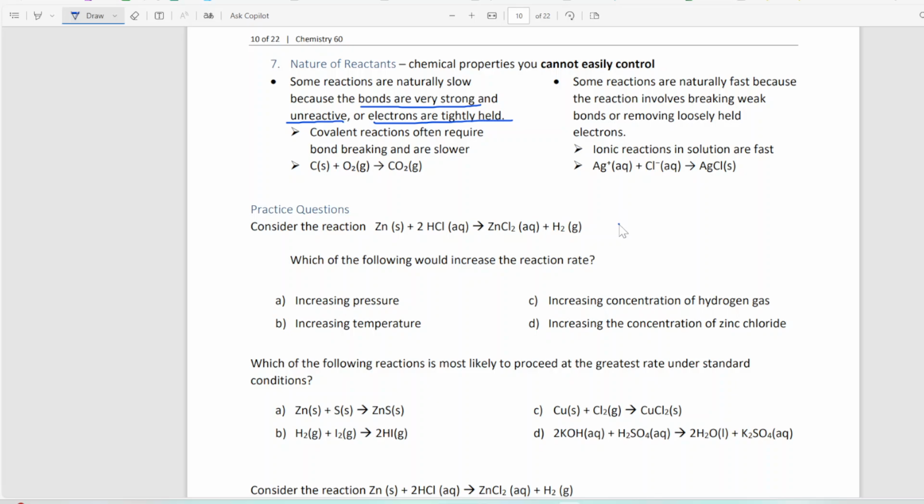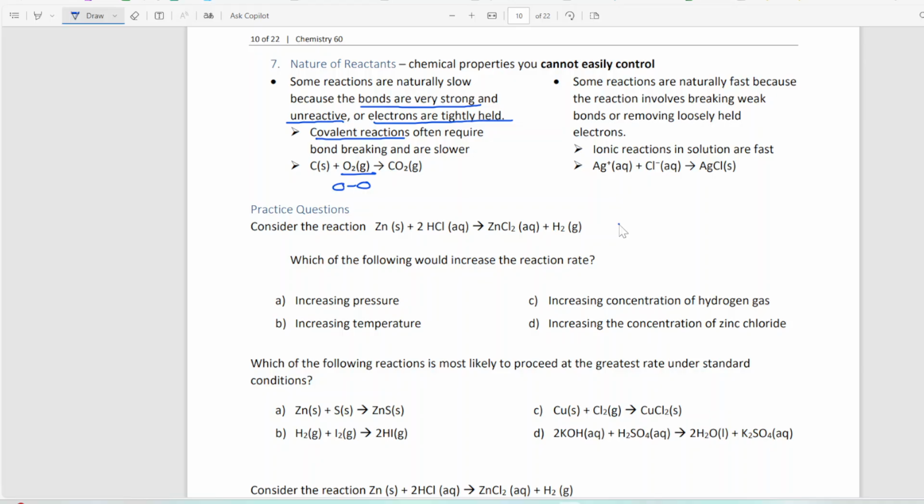This is often covalent reactions, so anything requiring a covalent bond, so two nonmetals. So for example, here you have an oxygen bonded to an oxygen, and that would be a really hard bond to break.